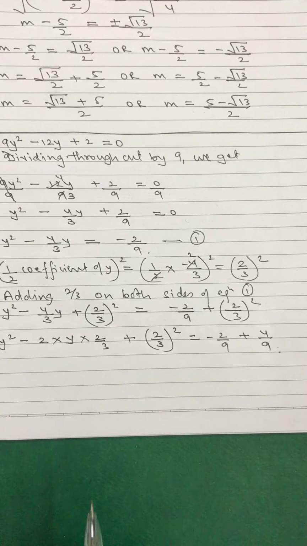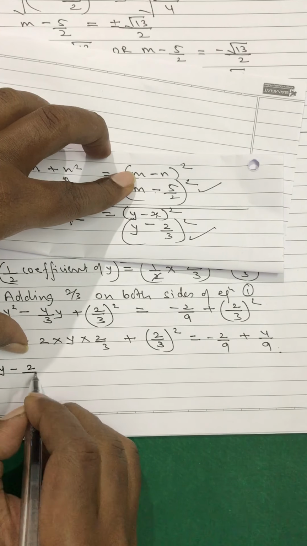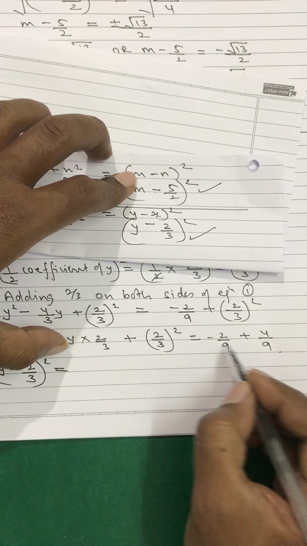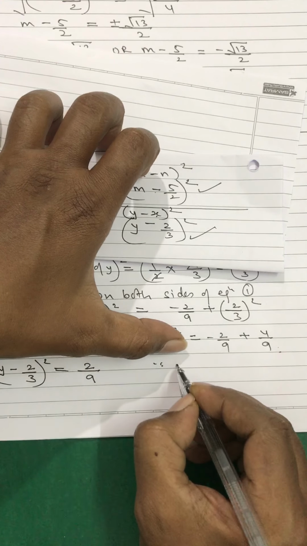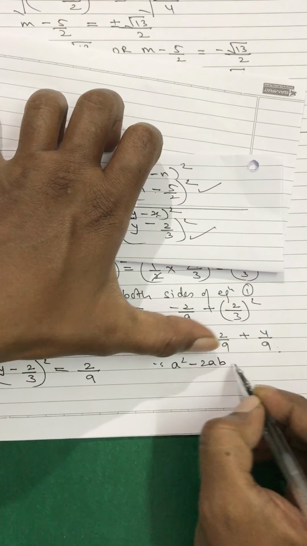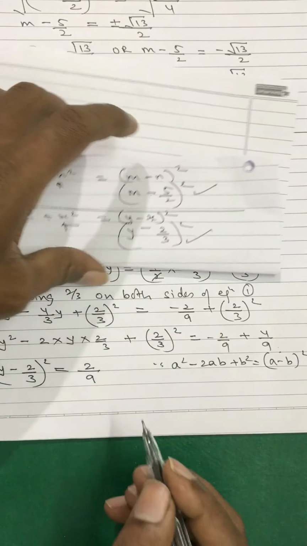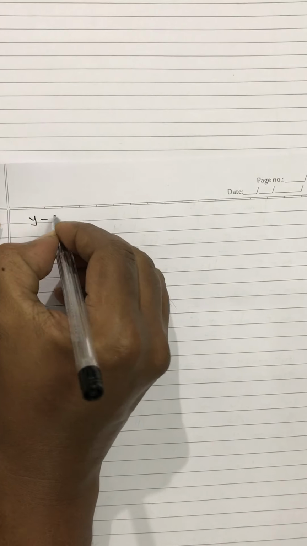That means this expansion of mine is proper. So I write over here y minus 2 upon 3 the whole square is equal to, now this I will have to solve, minus 2 plus 4 will give me 2 upon 9. Reason: a square minus 2ab plus b square is equal to a minus b the whole square. Now y minus 2 upon 3 the whole square is equal to 2 upon 9. This is what I have got now, dear students.